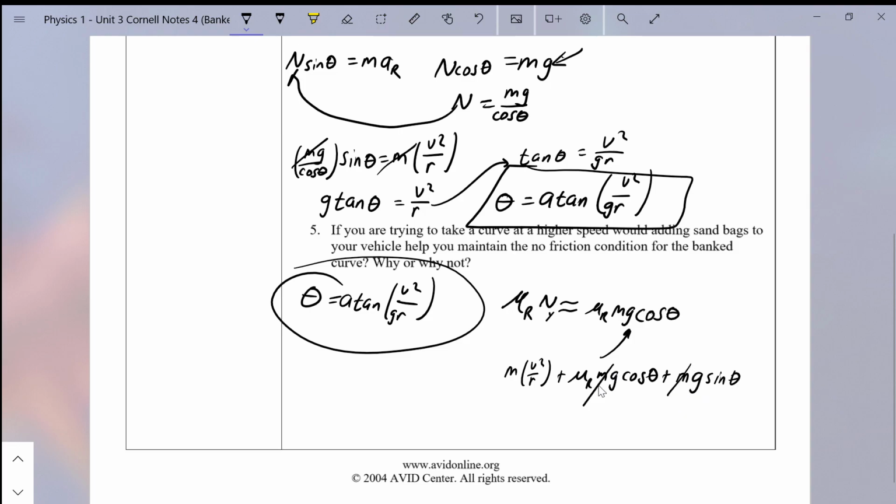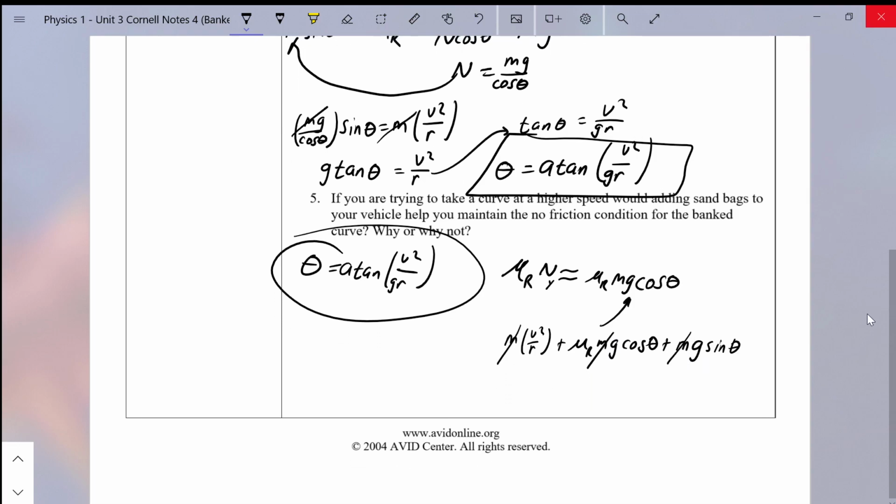These also have an m in them. So even if we did have friction, the additional mass won't help you. So the answer is no, it won't help. And the reason why is because there is no mass term.